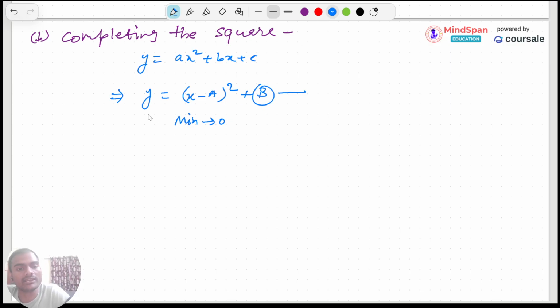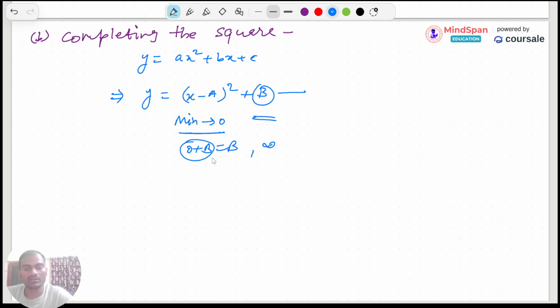So overall y, this will not change. This will remain a constant, and this portion will minimum go to 0, which means y minimum will be 0 plus b, which is b, right? And maximum it can go anything. Since this is a square, it can go till infinity.